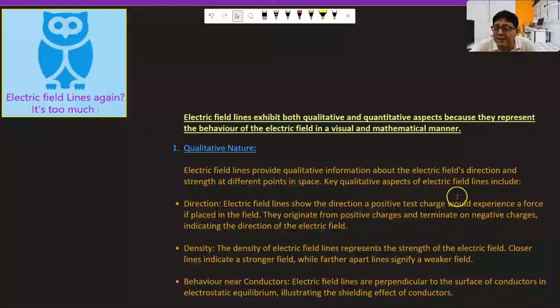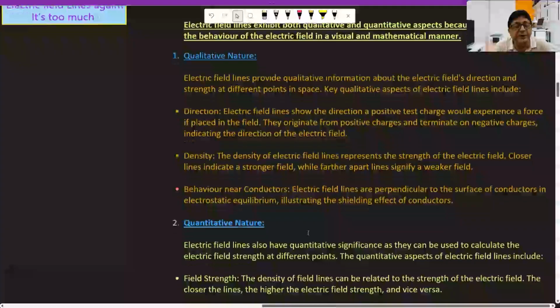Key qualitative aspects of electric field lines include direction. Electric field lines show the direction a positive test charge would experience a force if placed in the field. We did all these things, but let me remind you, they originate from positive charges and terminate on negative charges, indicating the direction of the electric field.